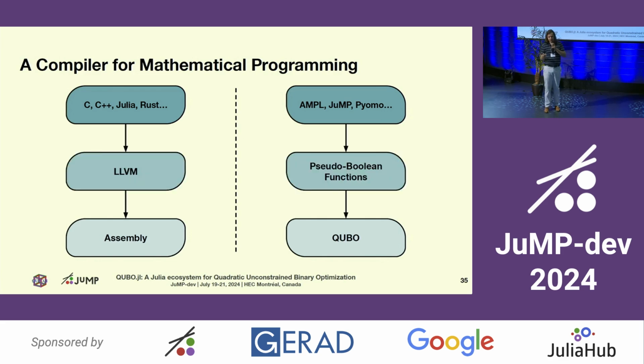And in the same way, you have some intermediate language where you can conduct optimizations. In your model, you can derive bounds. You can get better formulations in the middle of the way. So here, pseudo-Boolean functions have a very important role, and basically everything boils down to them before reaching the QUBO format.